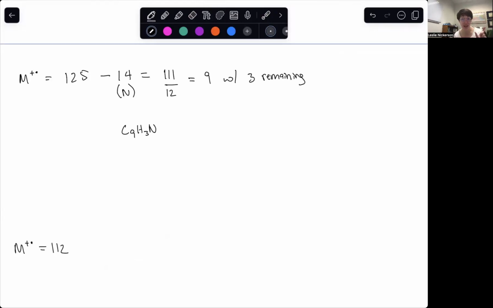That seems a little wild. I cannot imagine myself being able to draw a reasonable structure here, only having 3 hydrogens to work with. That is rough. So maybe we should put a little sad face on that. Doesn't seem like enough hydrogens.